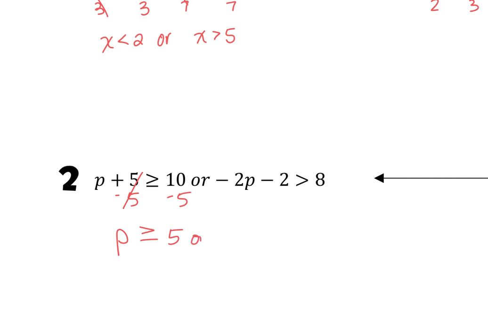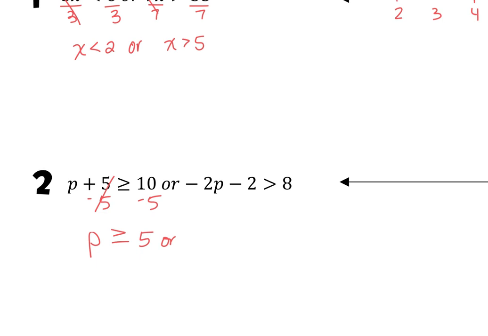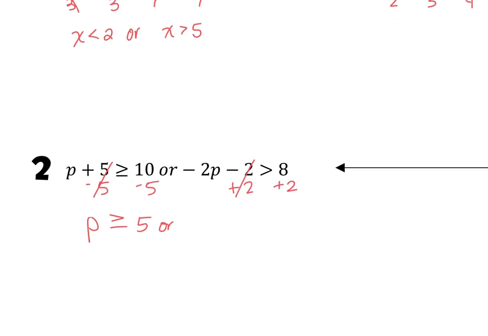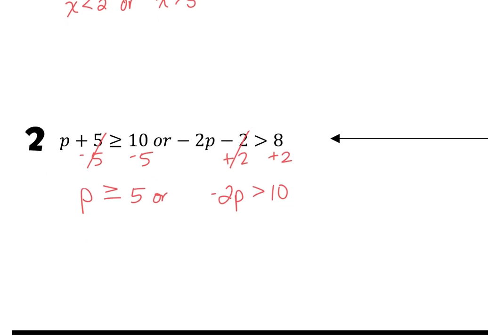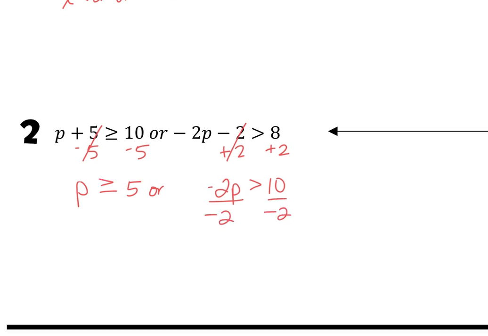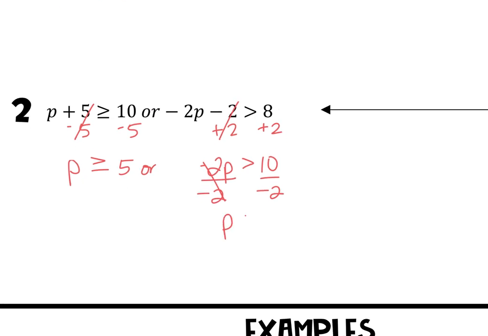And then, or, when I come over and solve the second inequality, first I will add 2 to remove that constant. So we get -2p is greater than 10. And then our coefficient, we're going to be dividing by a negative, which means we're going to do what with the inequality sign? Flip it. So I have p is less than -5.